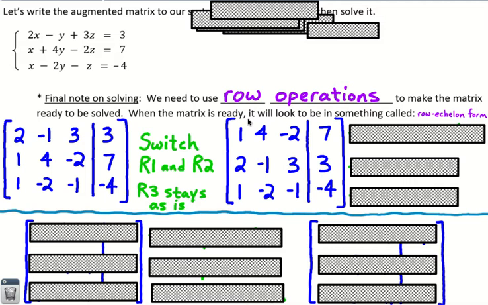It's not like it has to be a 1, but it makes your life a lot easier if your upper left-hand number, the first number in row 1, is a 1. Again, it doesn't have to be, but if you see an opportunity, and it's not already a 1, I bet you're going to do some examples where there is already a 1, which is great.